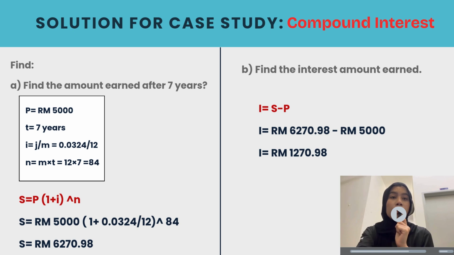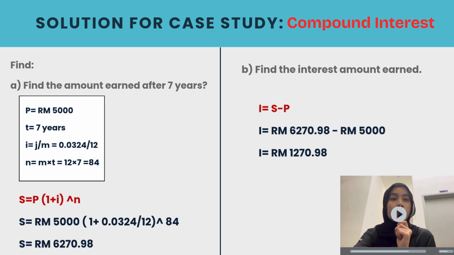From the case study, P is equal to RM5,000, T is equal to 7 years, i equals j over m, which is 0.0324 over 12, and n is equal to m times t, which is 12 times 7 equals 84. Putting all the information into the formula, S equals RM5,000 times (1 plus 0.0324 over 12) to the power of 84, and we get the final answer, which is RM6,270.98.